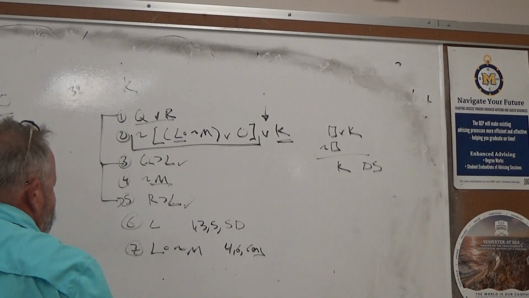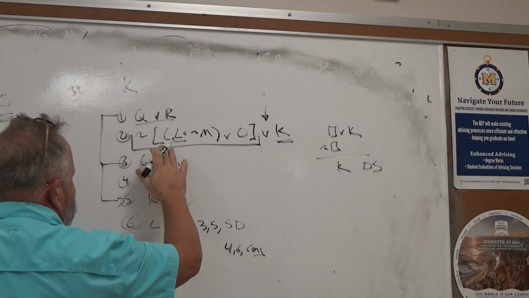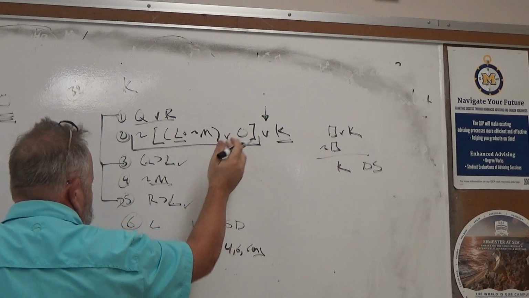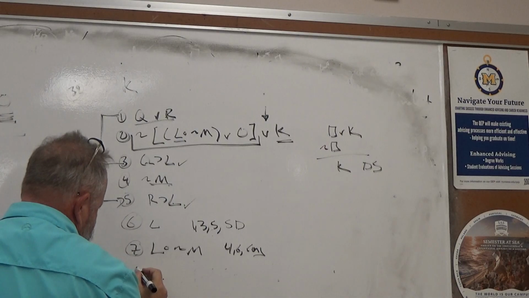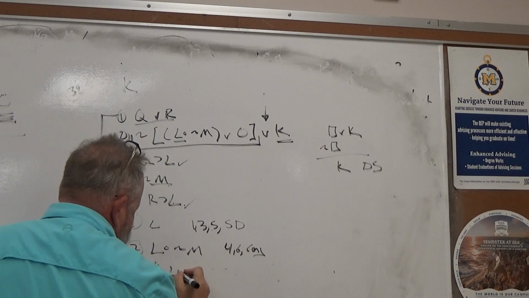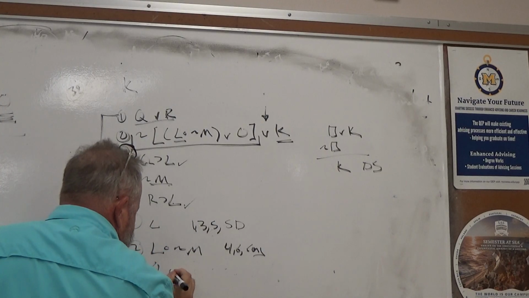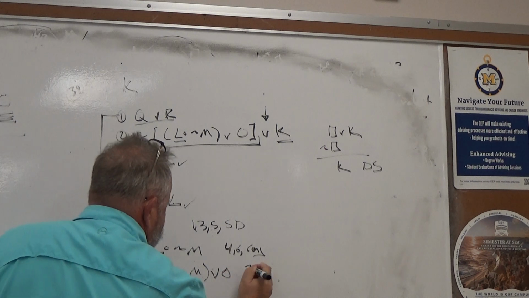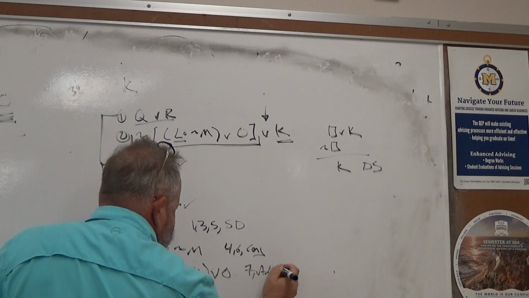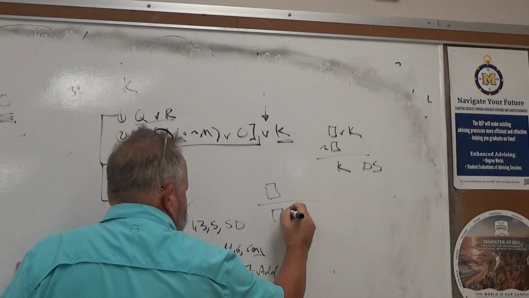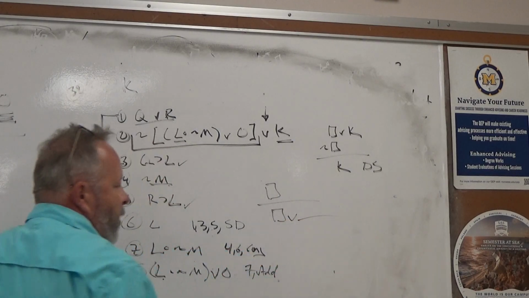I'm conjoining them, okay? I need the opposite of this thing, so I need the or O part too. So I'm just going to add that on. L and not M or O, that comes from 7 by addition. Remember, if we have a box, we can say box or whatever we want.